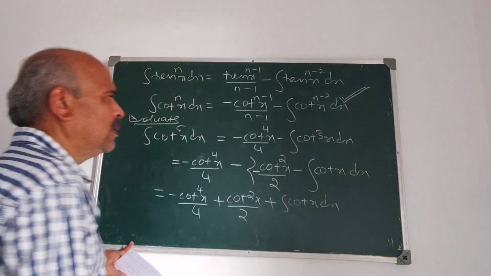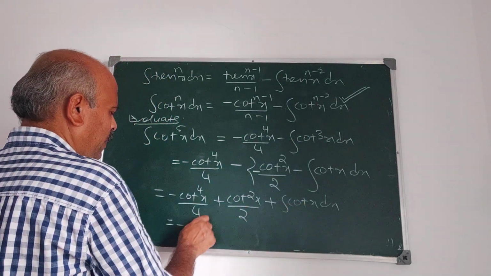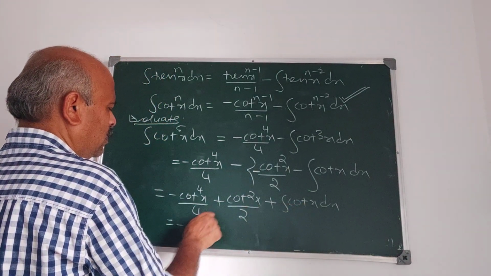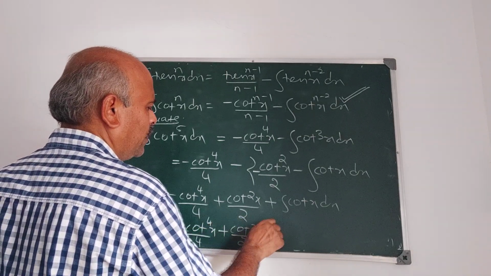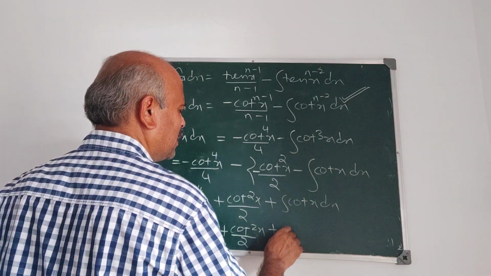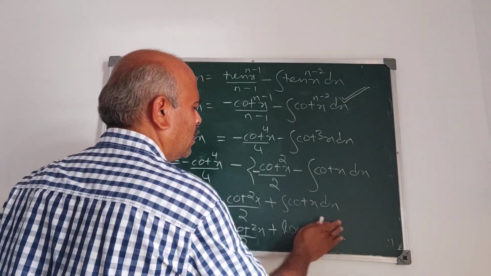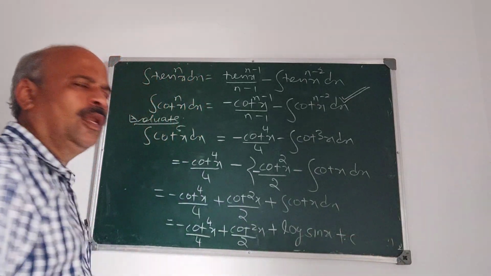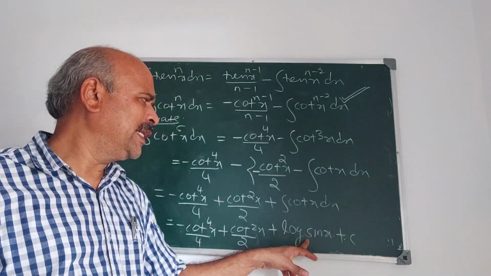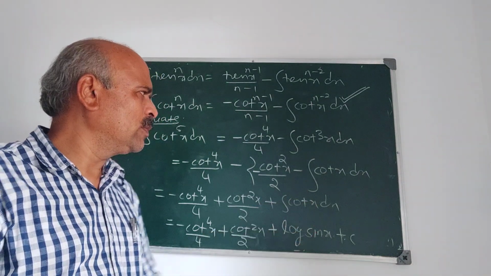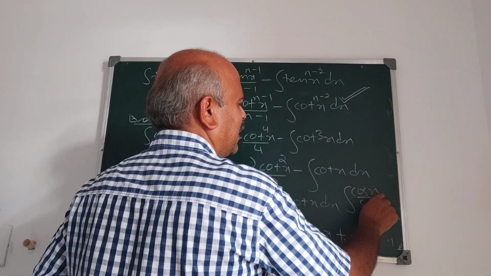And here you know the standard form: it is minus cot x raised to 4 by 4 plus cot square x by 2 plus, what is the integration of cot x? One form is log sin x, or it is log of cosec x minus cot x, or log of sin x, because cot x can be written as cos x by sin x.